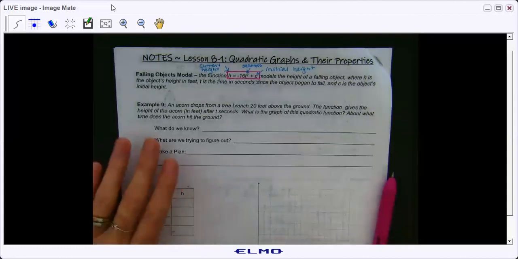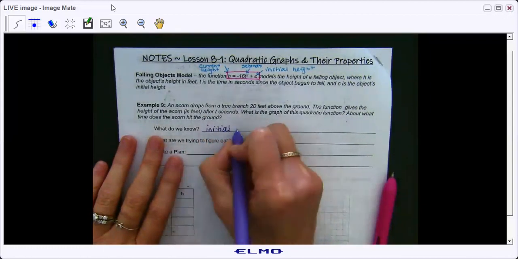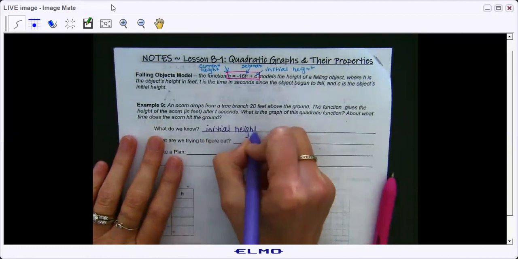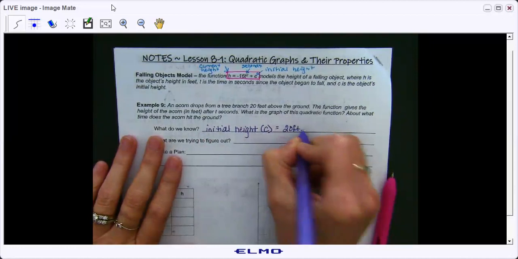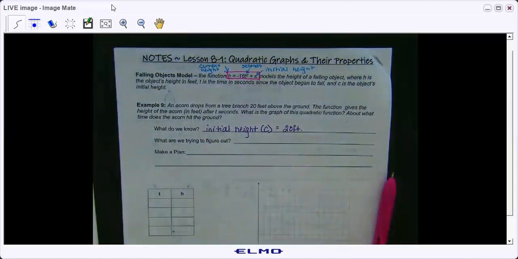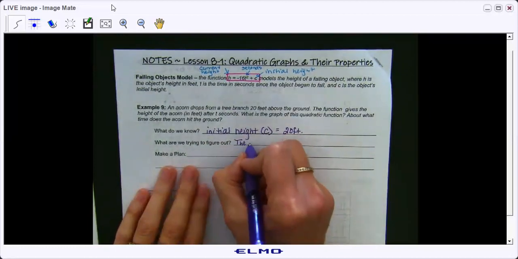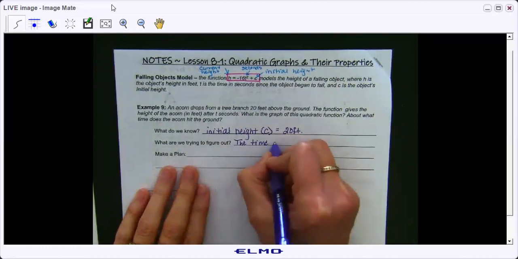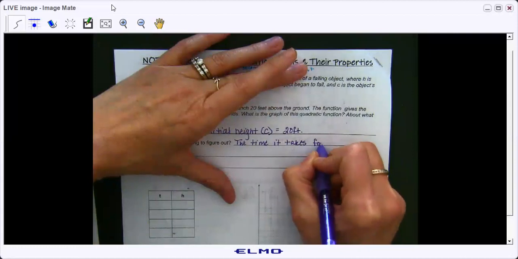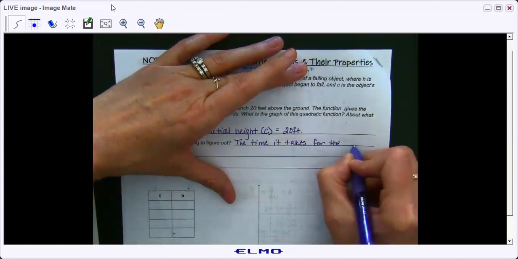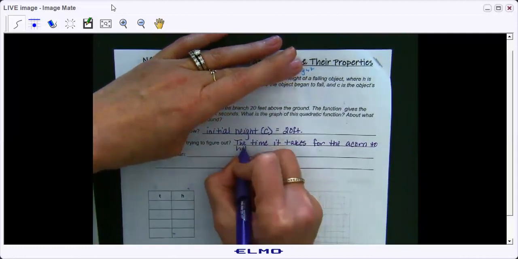So what do we know? We know that the initial height, which is c in our equation, is 20 feet. What are we trying to figure out? The time it takes for the acorn to hit the ground.